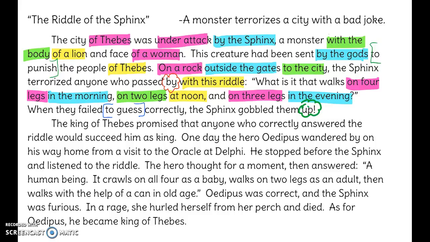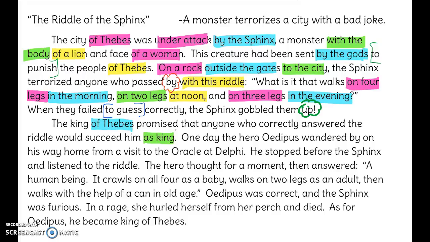The King of Thieves promised that anyone who correctly answered the riddle would succeed him as king. Of thieves. King is a noun. One day, the hero Oedipus wandered by on his way home from a visit to the oracle at Delphi.